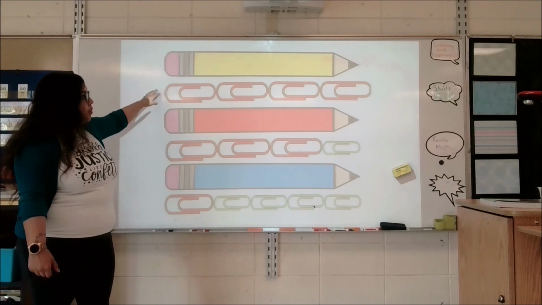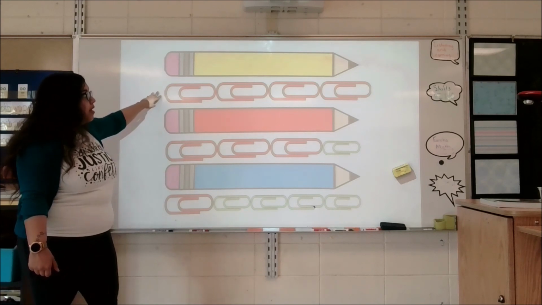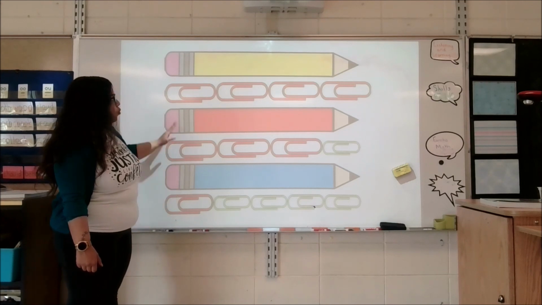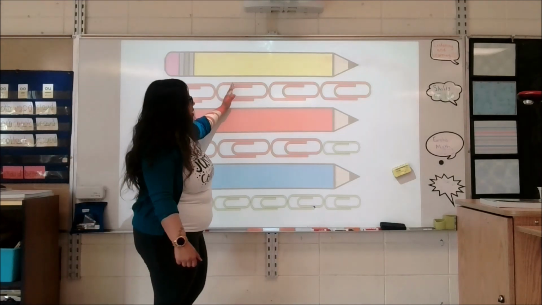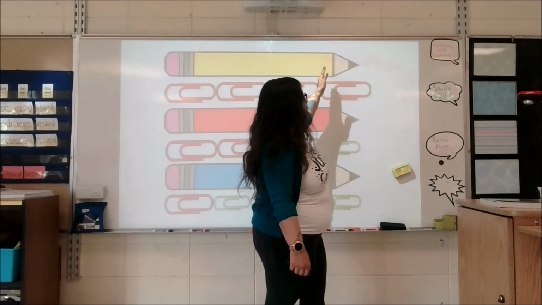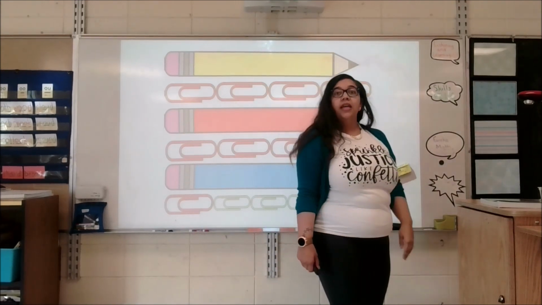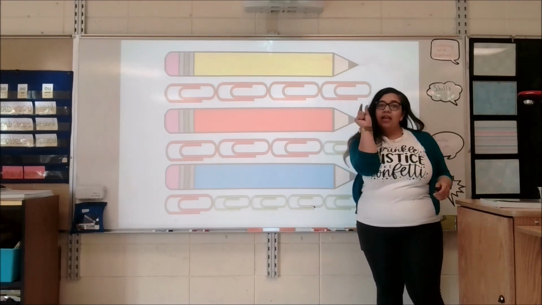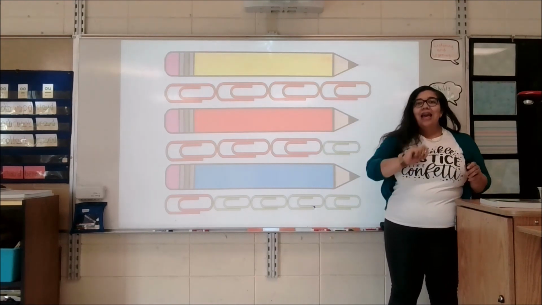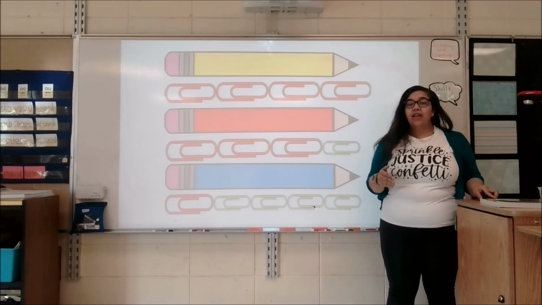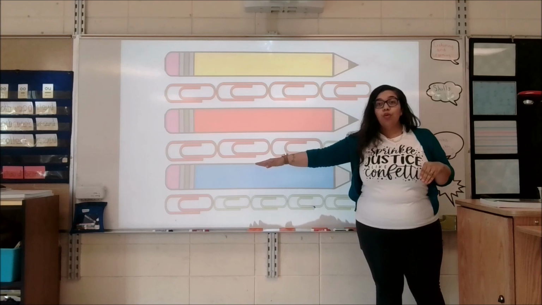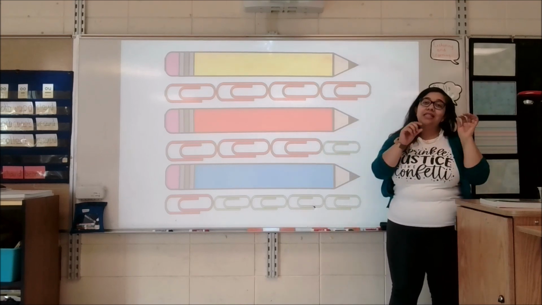Look, because when we put in this yellow pencil, that's also the same length, but we use the same size paper clip the whole time, we get almost a whole different answer. So I can't mix and match. Each piece that I'm using has to be the same. I have to have no gaps, no overlaps. I have to start at the end point, and I have to use a consistent tool.